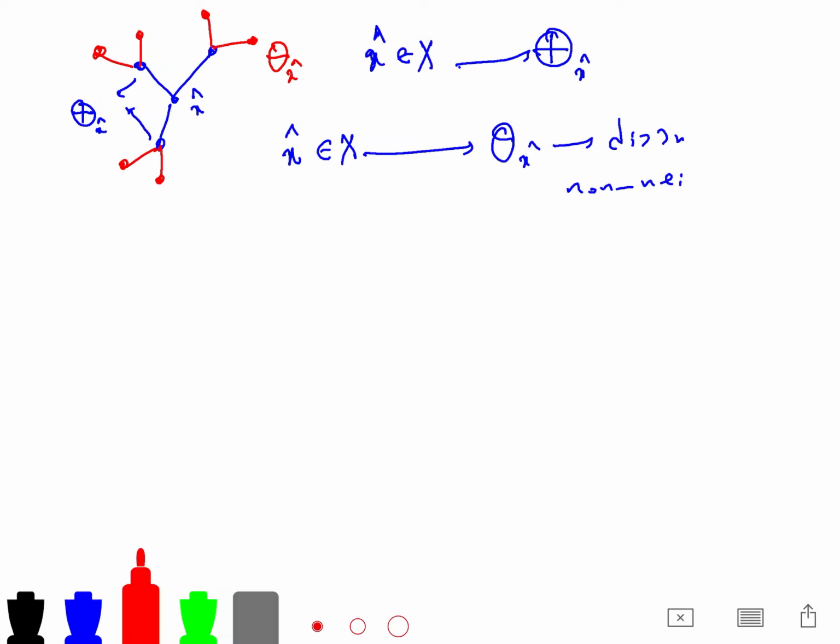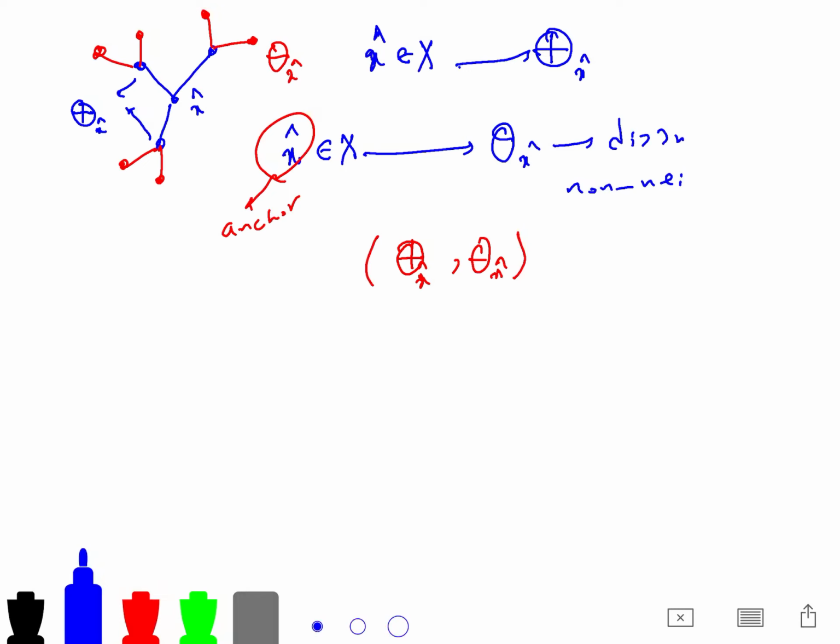And x hat is called the anchor example. So the neighborhood structure is plus and minus for any anchor point x hat. That's the only terminology, if you like, to know what we are going to create.